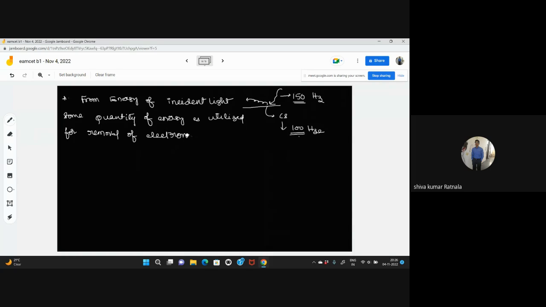That energy which is utilized for the removal of the electron is known as work function.